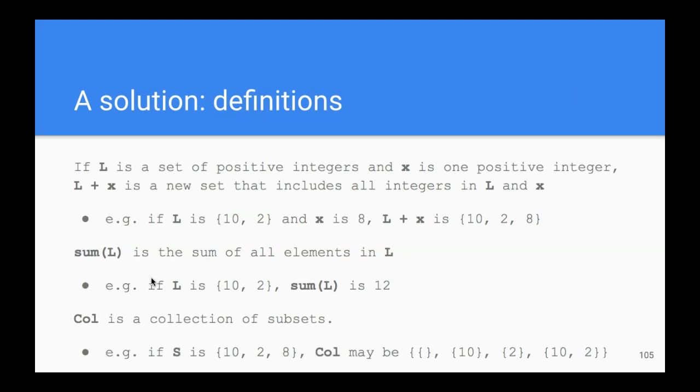So let's say if S, as we already just saw, is 10, 2, and 8, then COL may be these 4 subsets. Now, COL doesn't necessarily mean all of the subsets of S. It could be all the subsets, or just some of the subsets. But again, the important thing to remember about COL is it's just a collection of subsets.